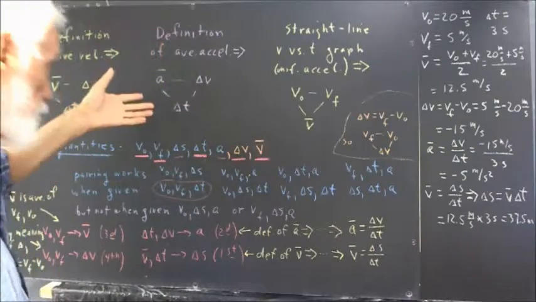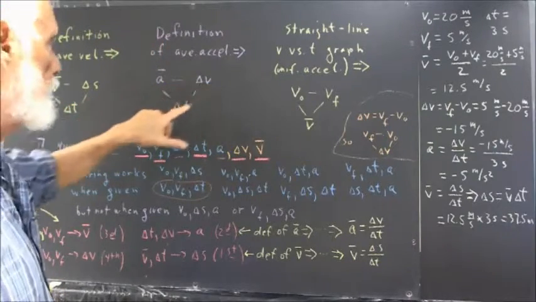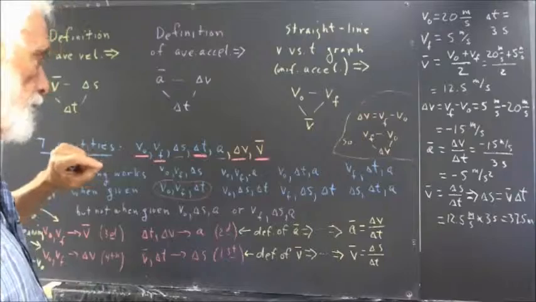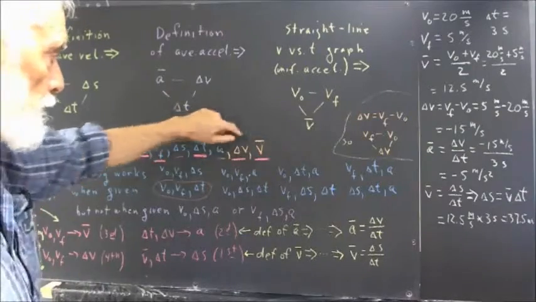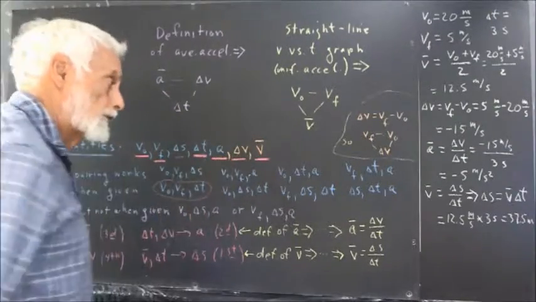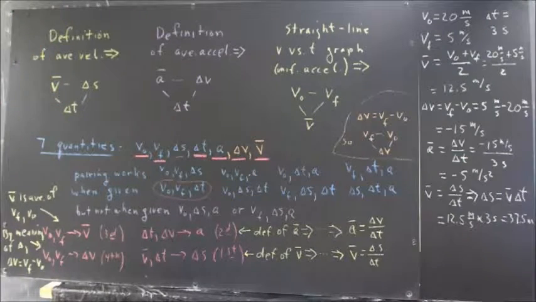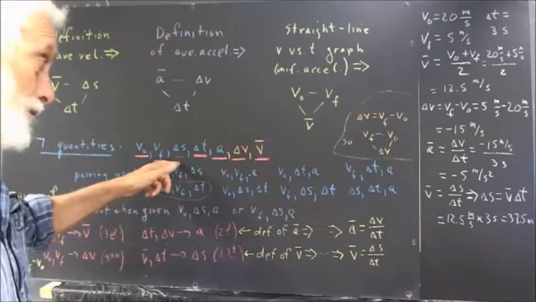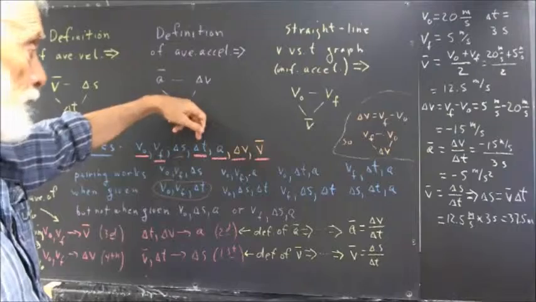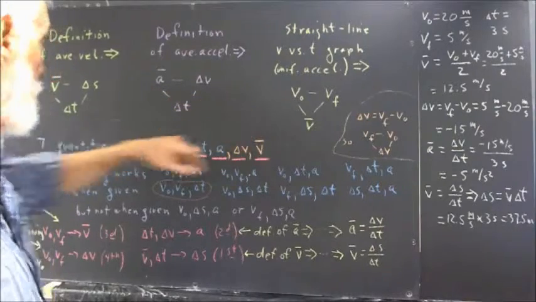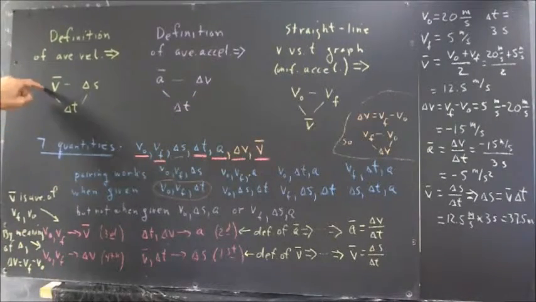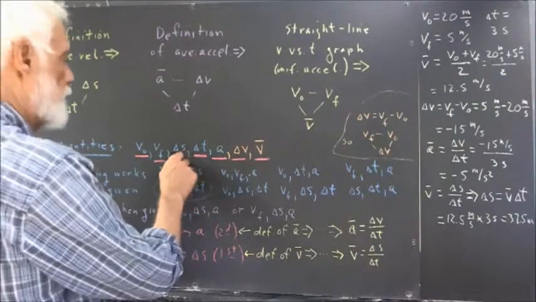Well, what triangle does that put us in? From delta V and delta T, we can determine the acceleration. Okay, so we know this and this, therefore, we find the acceleration. Okay, what's left? Just delta S, but if we combine delta T with V bar, we have delta T here, V bar, and delta S in the same triangle, indicating that we can find delta S.